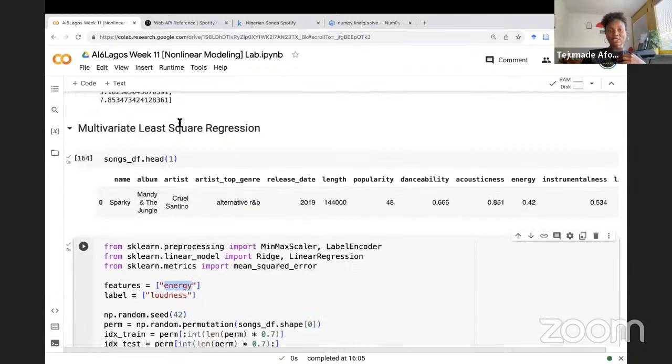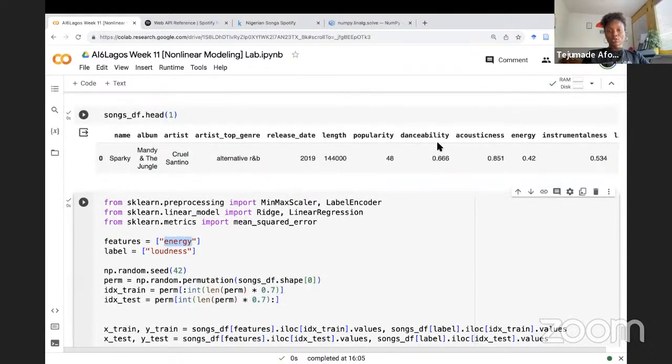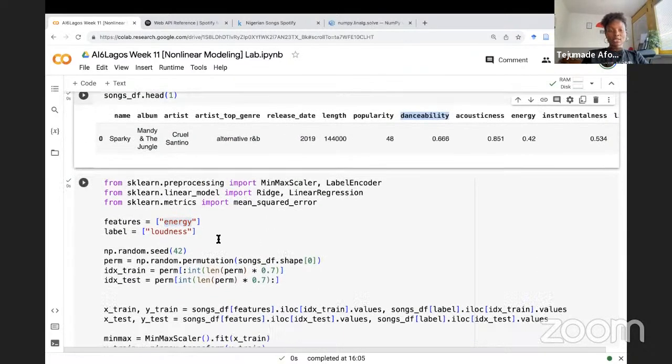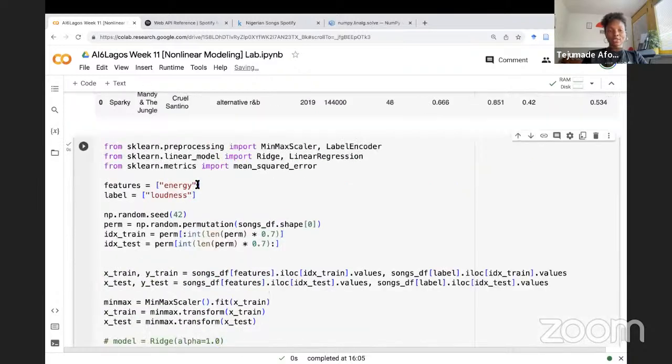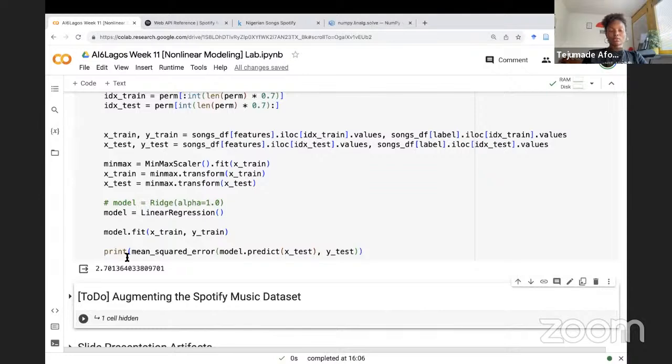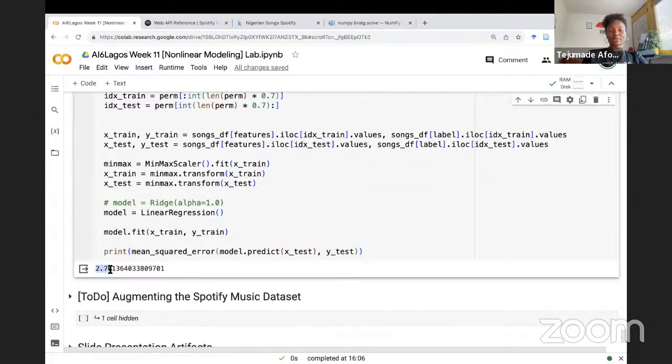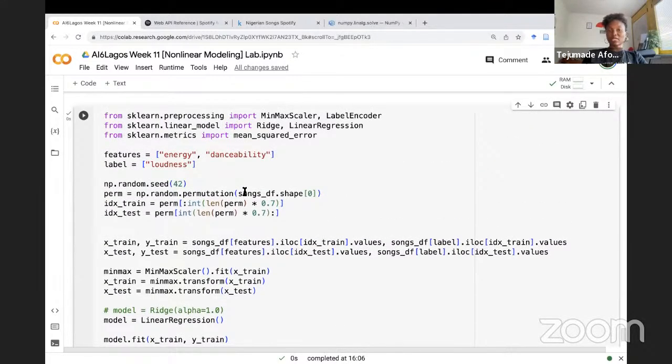We've been using just one variable, energy, which gives us a mean squared error of 2.69. What happens when we add, say, danceability? This does not seem to reduce our mean squared error. Maybe it's not a good feature, but we can keep going.